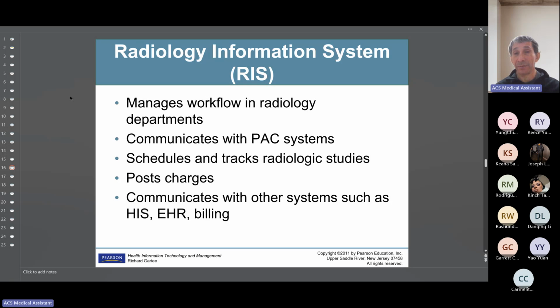And they give us the status. Oh, it's in process. Oh, it's still waiting to be processed. It has been processed, it's waiting for the official report. And they give you timing: it will be available in 5 minutes, 10 minutes.